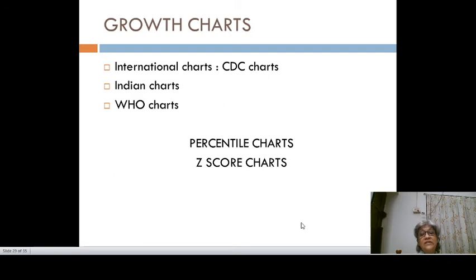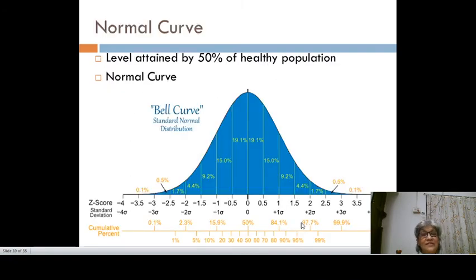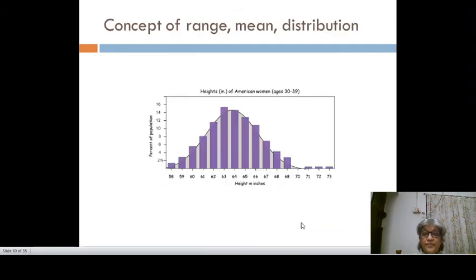Before we look at these, let us go for a quick recap into understanding what we mean by percentile and Z-score. And to understand that, we need to do a recap on the normal curve. If you remember, if in a population we study the weight, say for a population of 2-year-old children, what is the weight that we get? We will get a range here.